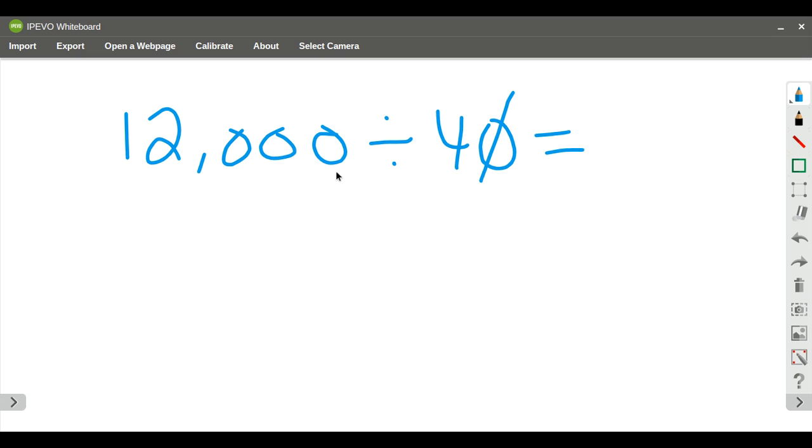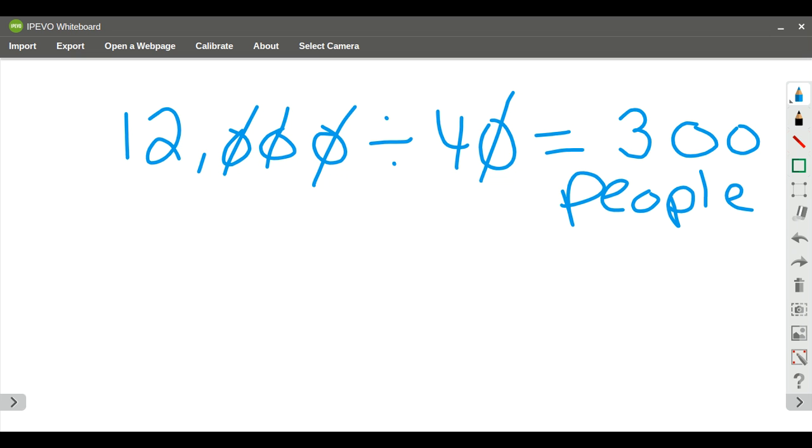If I take a 0 off the 40, that means I have to take one of the zeros off the 12,000. Then I take these two zeros that are left and I bring them over to my quotient. Now they're done. I don't have anything left with the zeros. I now have 12 divided by 4, and 12 divided by 4 is going to be 3. So on each trip, I took 300 people.